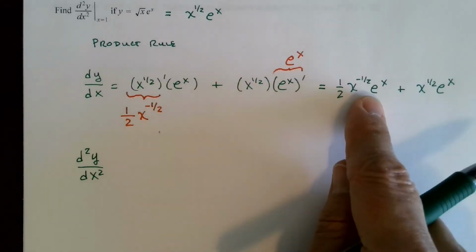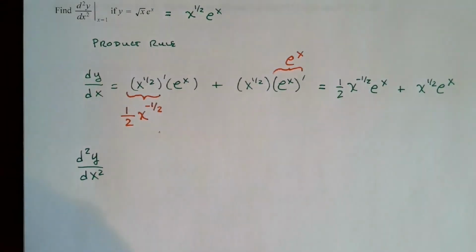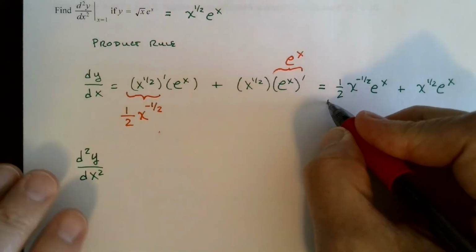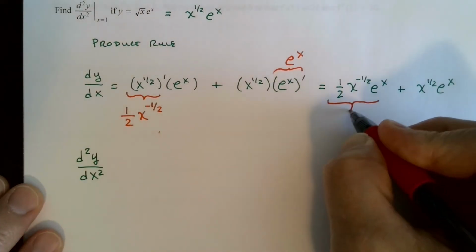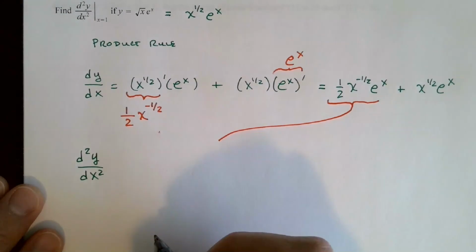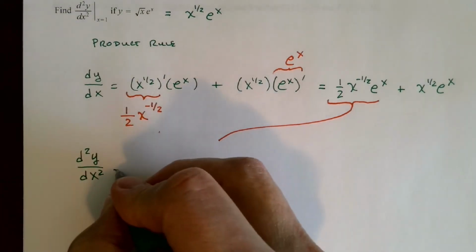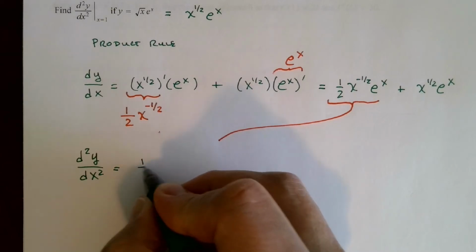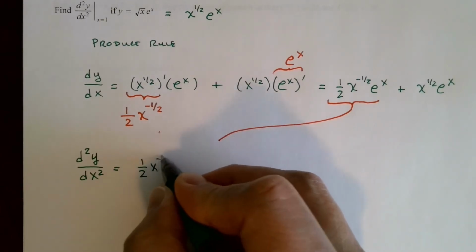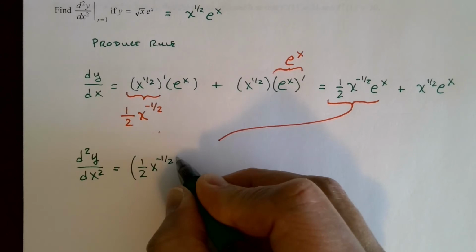But the derivative of this thing is going to be what? It's going to be 1/2 x to the negative 1/2. Let's just group that together as one function.